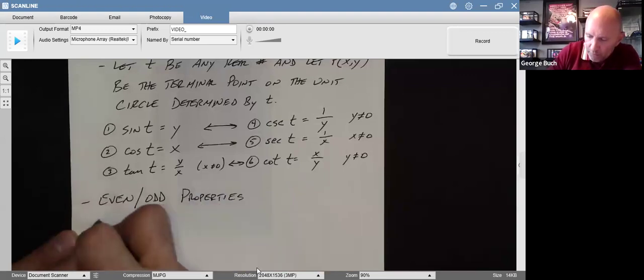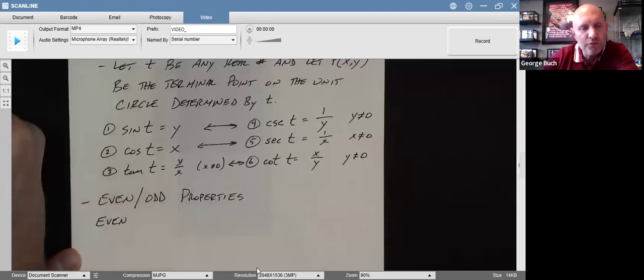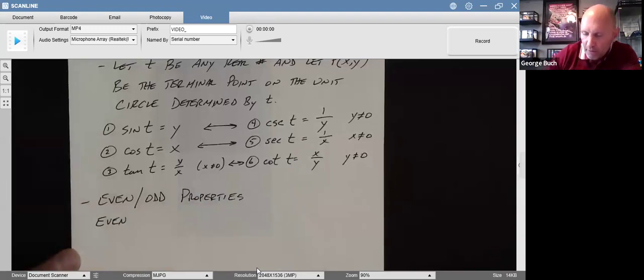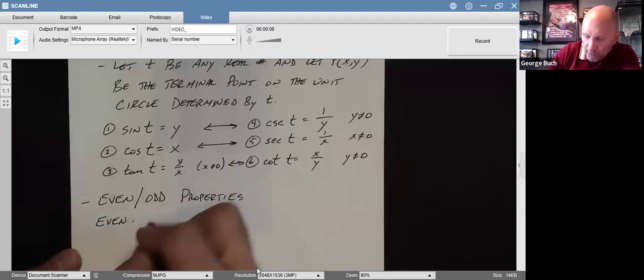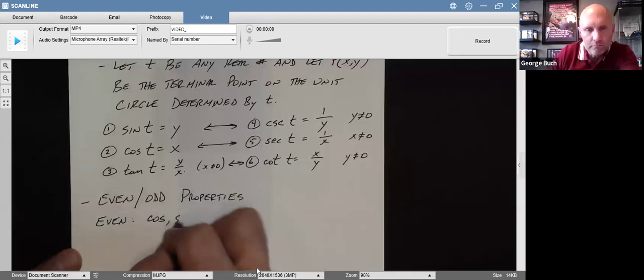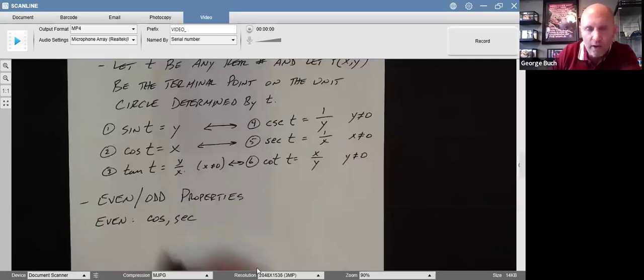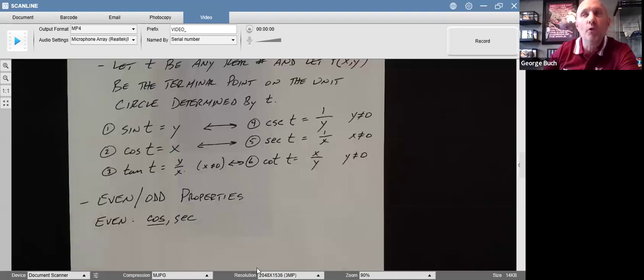So the even functions, so even means what? Even means that if I plug in negative x into the function, it just gives me the positive value back. So the even functions are cosine, and what goes along with cosine? Secant. And that's it. If you just remember that cosine is the only even function, well, you know that secant goes along with it, but everything else would be odd.